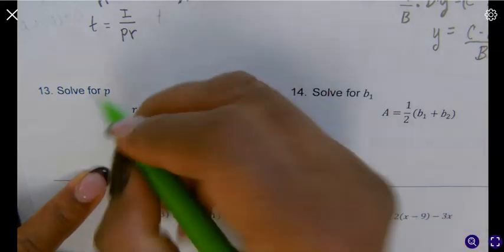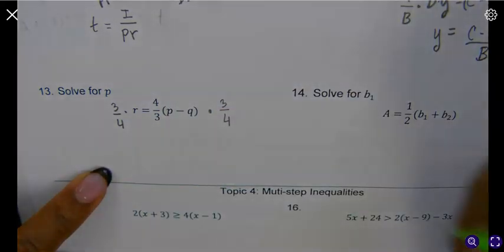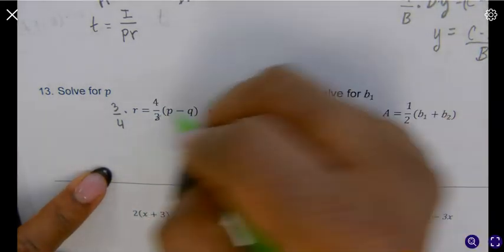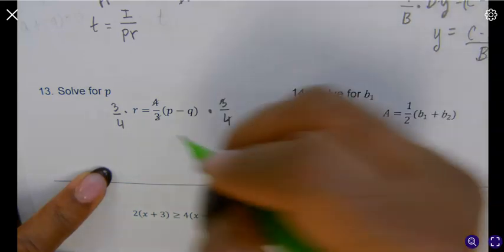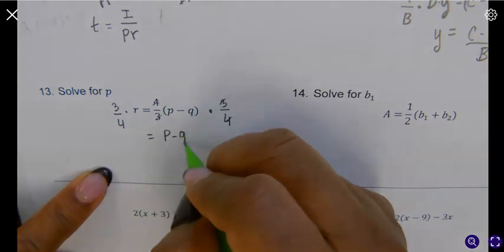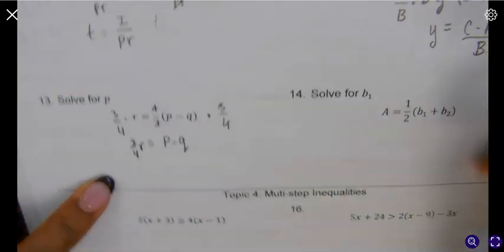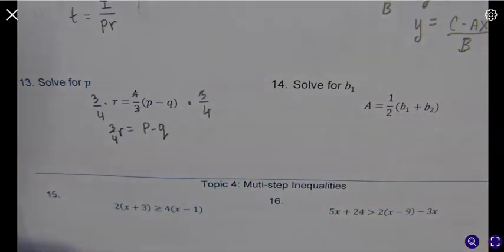And we're allowed to do this as long as we do it to both sides. Whatever is done to one side, you got to do to the other side. So all of that becomes 1, and then 1 times whatever I have is itself. So P minus Q. And then over here, I just have 3 over 4R equals PR.